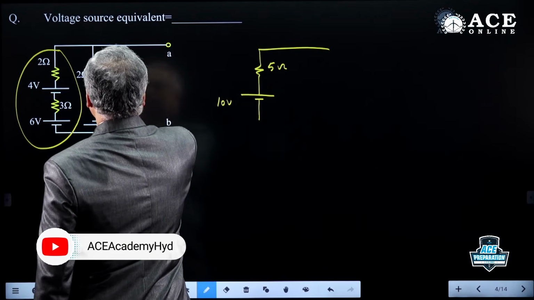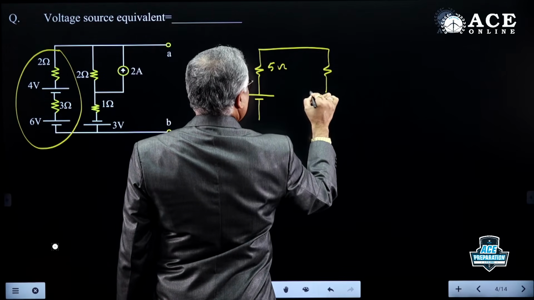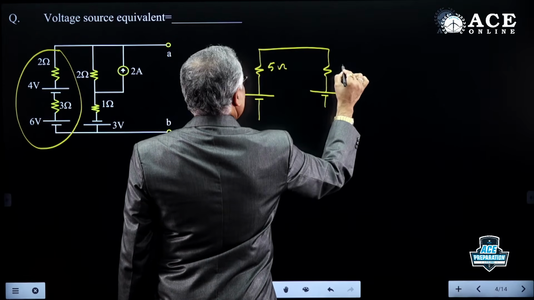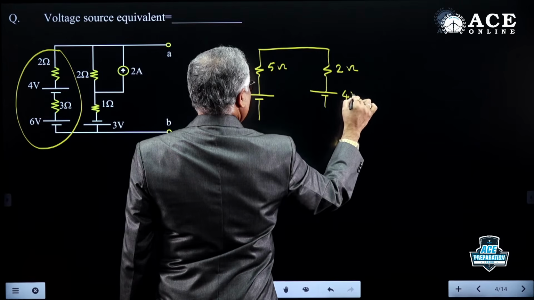Convert this into a voltage source: 2 into 2, 4 volts. It's 2 ohm. 2 into 2, 4 volts.